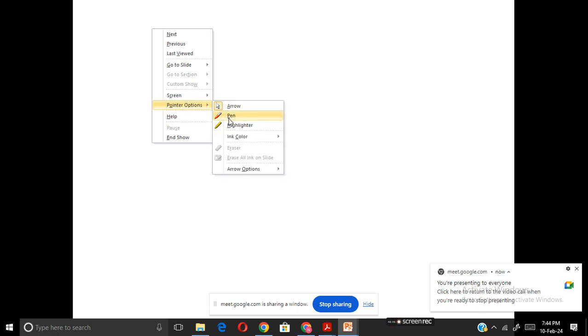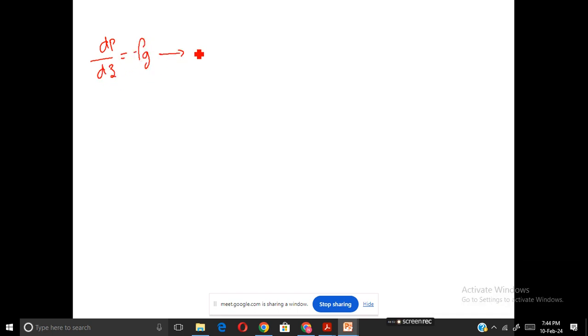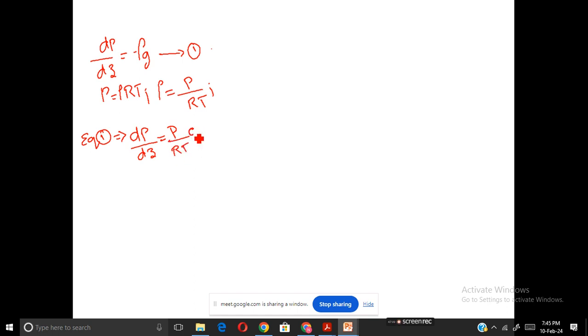So we have two equations. dP by dz is equal to minus rho g, the pressure gradient equation. Then P is equal to rho R T. From this we can substitute rho, which is equal to P by R T. If we substitute it in equation 1, we will get dP by dz is equal to P by RT into g.